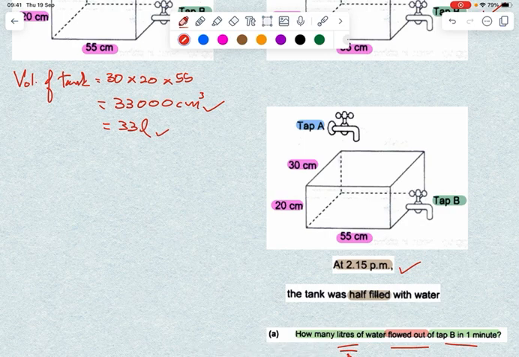It means the volume of water after 15 minutes of service is half of the volume of the tank. So the volume of the water at 2:15 p.m. will be 33 divided by 2. That will give you 16.5 liters.